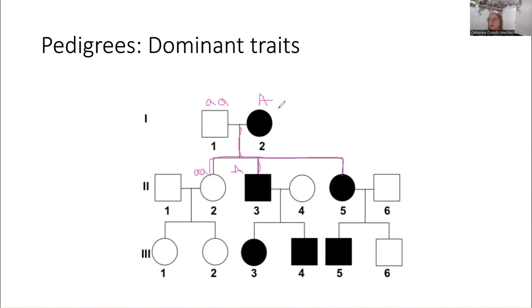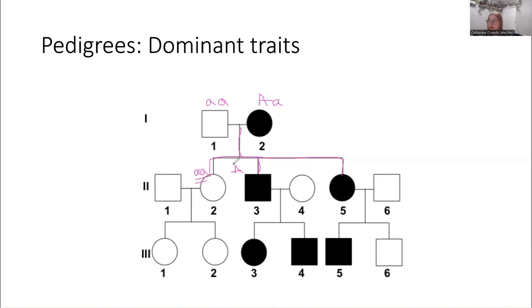Now, I don't know if she's homozygous dominant or heterozygous by looking at her, but I do by looking at her children. Because she had a daughter with no dominant trait, that means that this mom had to have a little a allele to give this daughter. So looking at the offspring allowed me to fill in the genotype of the mom.